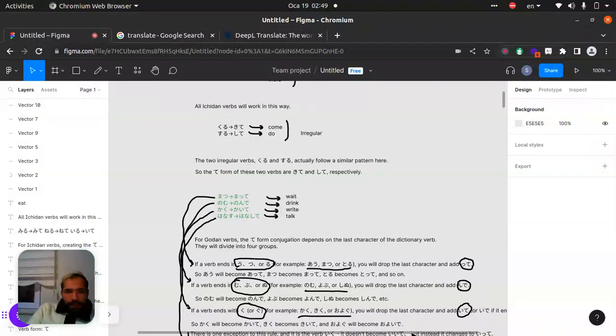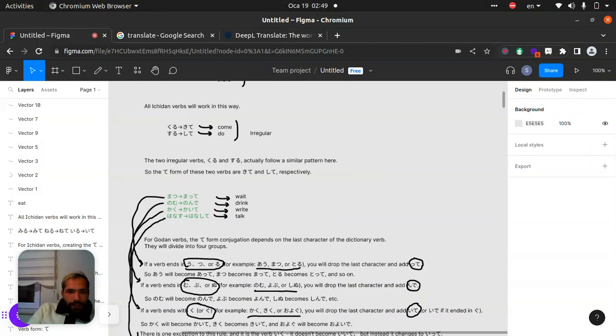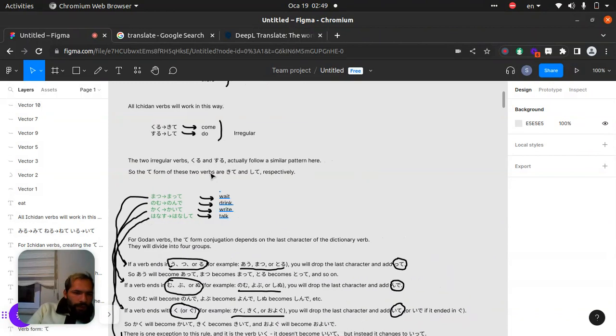Let's go to the right side. The two irregular verbs in here, what we have are kuru and suru. Yeah, we have kuru and suru, right? I don't remember, kuru means like kite. I think somewhere you're saying go. It means go. No, come.